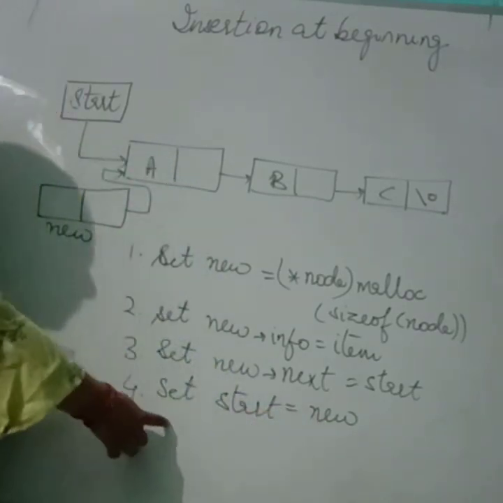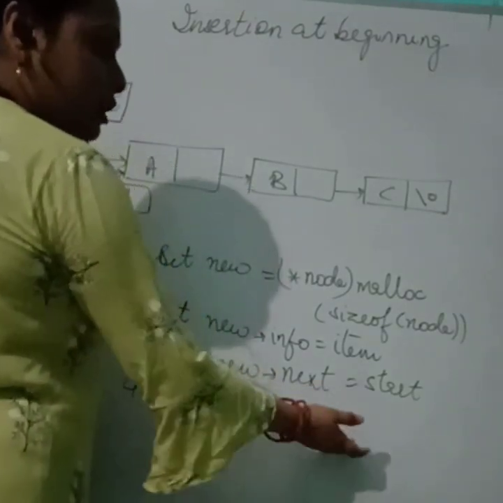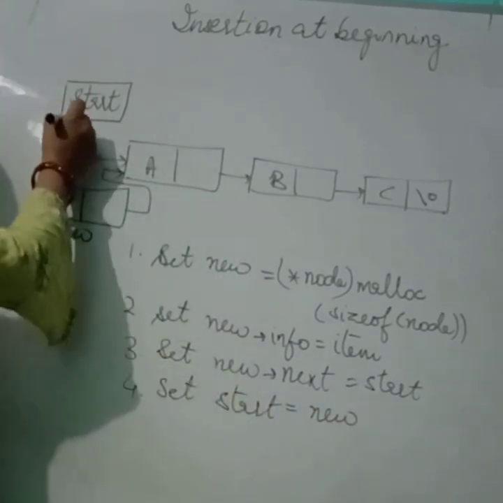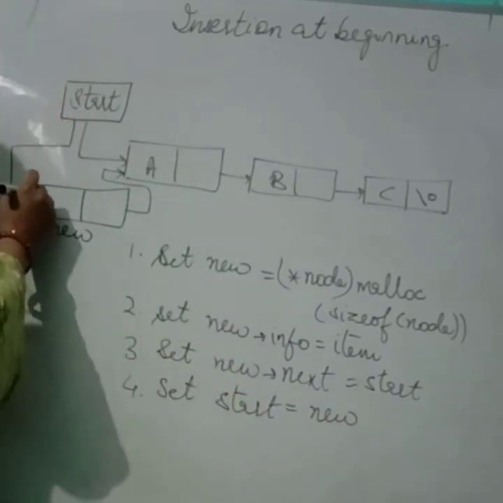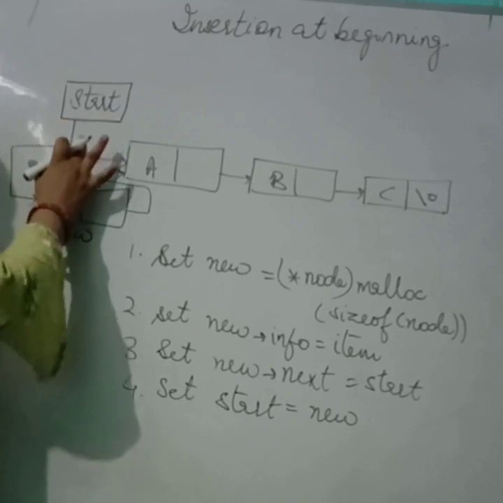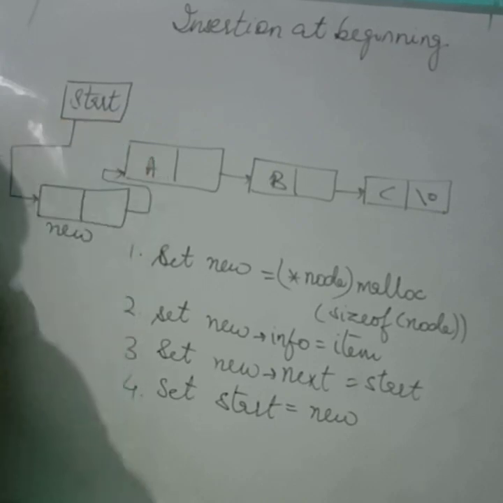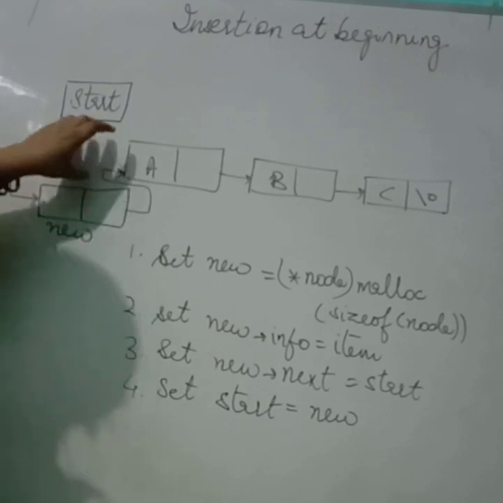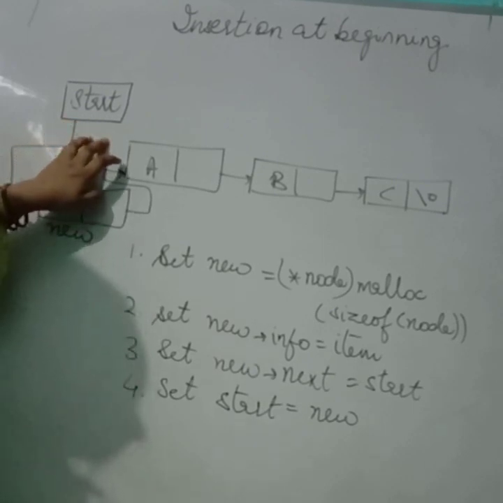After writing this statement, the value which is the address of new will be transferred to the start. So after this, a new connection will be established like this. So now the new node is inserted in the list.